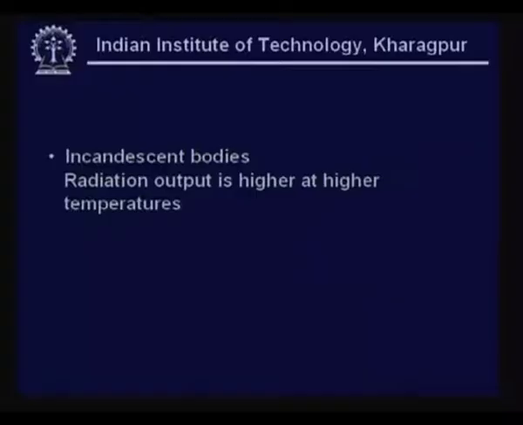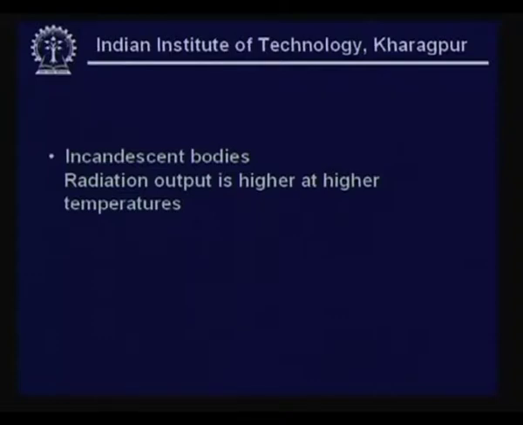So, incandescent bodies are giving out a radiation which is dependent on the temperature which is maintained by them. The higher the temperature, you have the higher output.